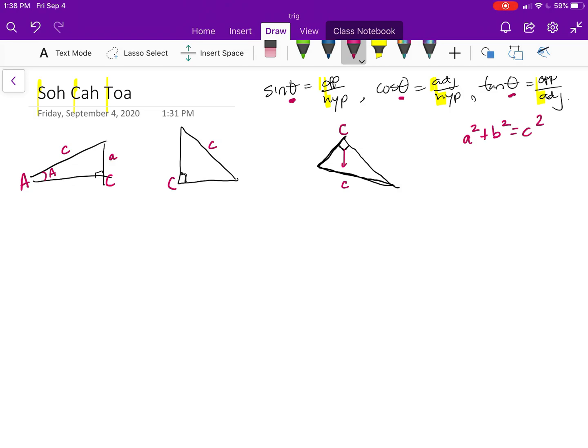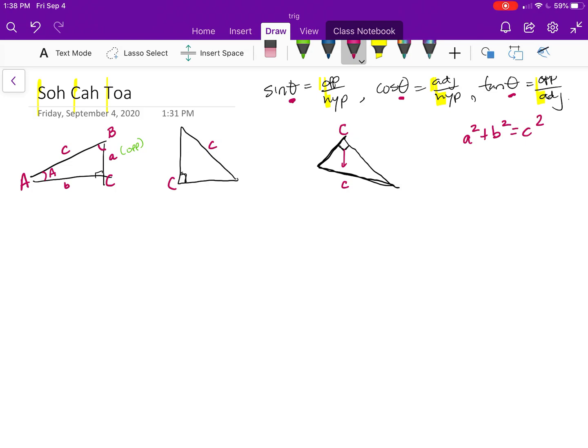So if angle A is the angle I'm looking from, then lowercase a would be over here, which is the opposite. Then that leaves B, so lowercase b has to be here, and therefore capital B, the angle B, would be opposite from that.